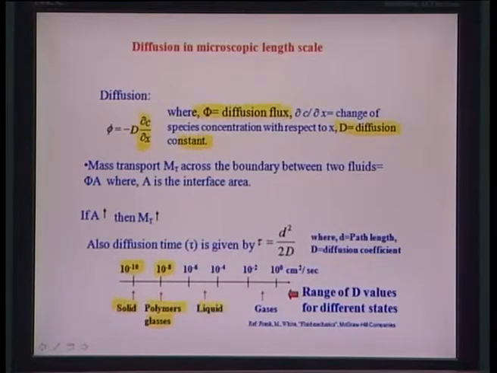Most liquids have a diffusion constant in the range of 10 to the power minus 6 to minus 4, and so therefore diffusion is of some significance as far as liquid is concerned. But in case of gases, this constant is very high, about 10 to the power minus 2 to 1 centimeter square per second, and so you have to be very careful about diffusion as you go to gas flows.